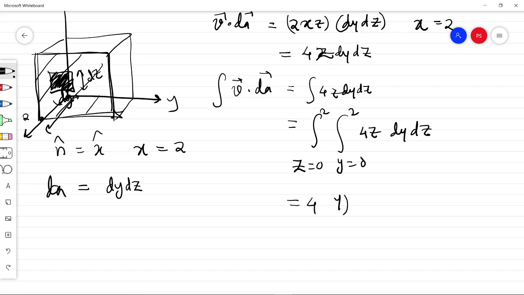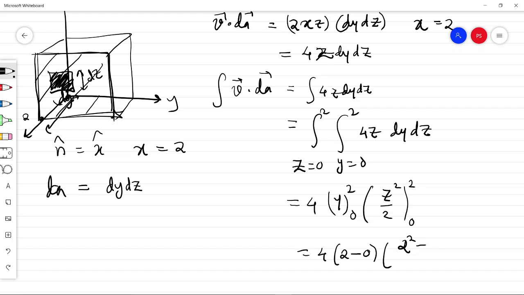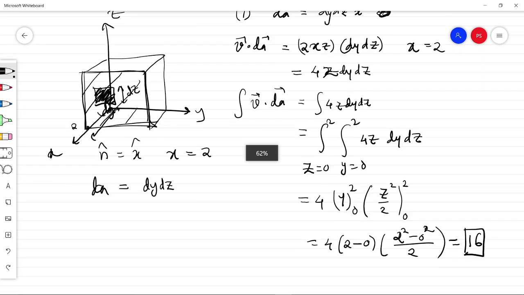Integral dy is y between lower limit to upper limit. Integral z is z squared by 2 between lower limit to upper limit. So this gives us 4, 2 minus 0 and 2 squared minus 0 squared divided by 2. So this is just equal to 16. So this is just one of the surfaces covered.